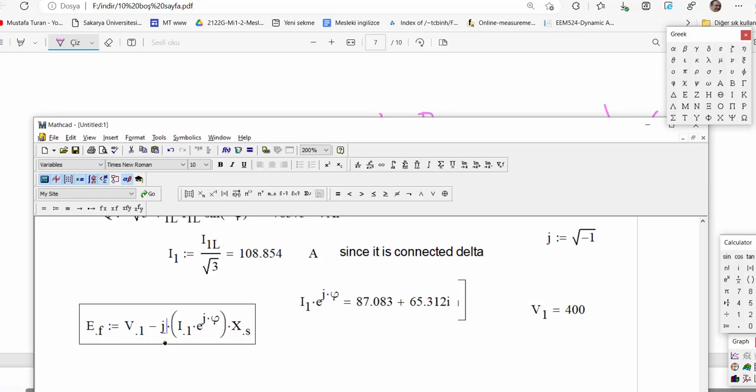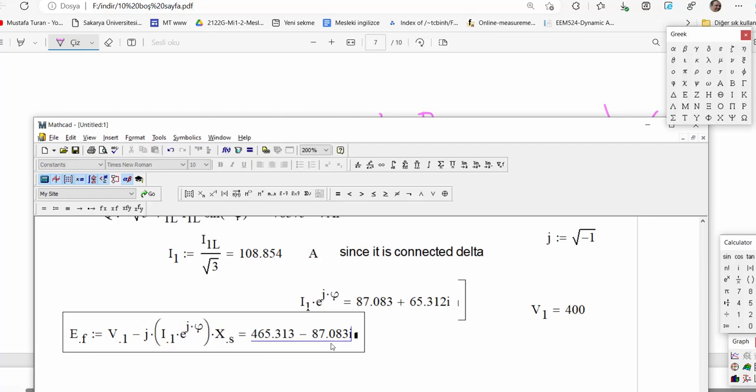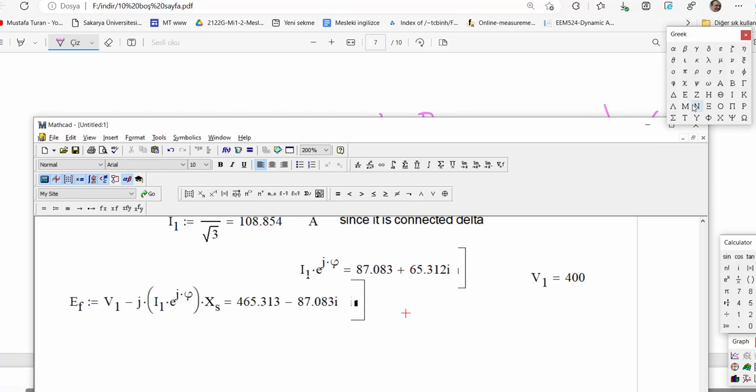XS is here, J is here, so EMF is a complex number having a negative angle, as you see, and the angle of EMF can also be written as delta. Delta is, you know, torque angle or load angle.